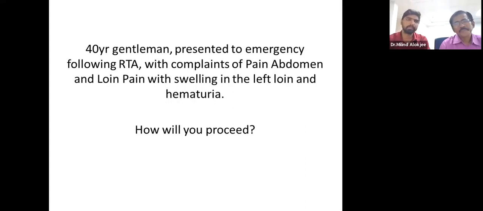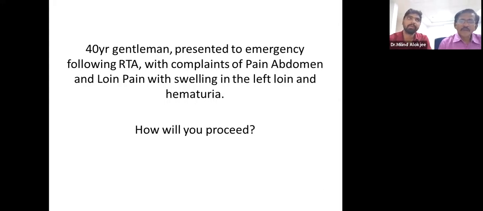Sir, first I'll look for any laceration or abrasion or some injury over the loin, or overall I'll expose the patient and look for any visible injury. As there is swelling, where is the exact location of the swelling?